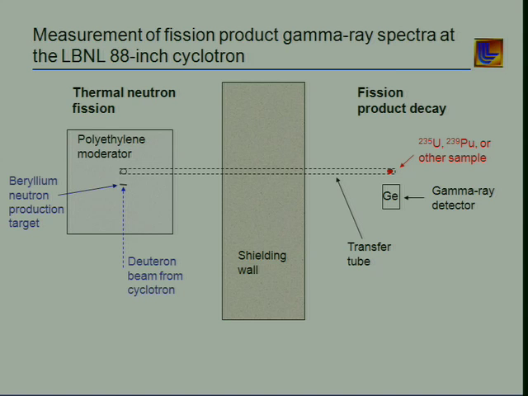And then we had a system that's called a rabbit. It's a pneumatic system for transferring samples in and out of this area very quickly. So we could shuttle a target from a location outside in here, irradiate it for some short period of time, and then shuttle it back out to where we were, away from this nasty radiation, where we had germanium gamma ray detectors that could then measure the gamma rays emitted following the beta decays of the material.